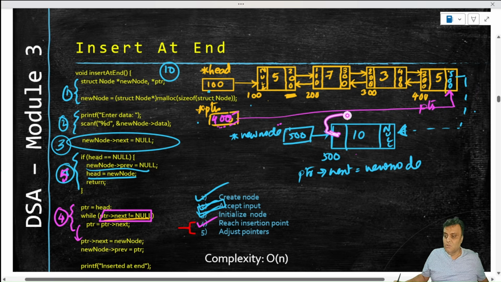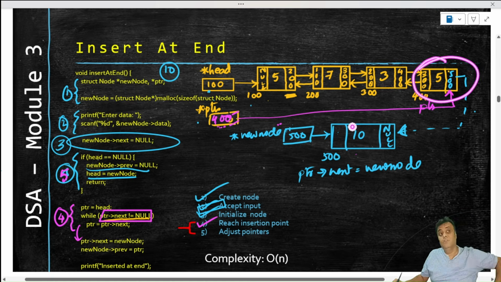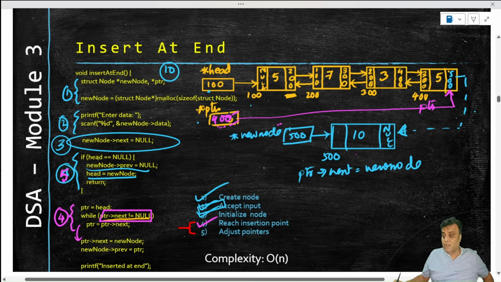So for this node, the previous node is this node. And where is this node? It is directly at pointer, which is this 400. So I need to say that the new node's previous is at 400.